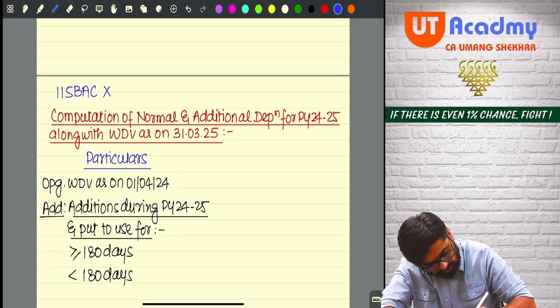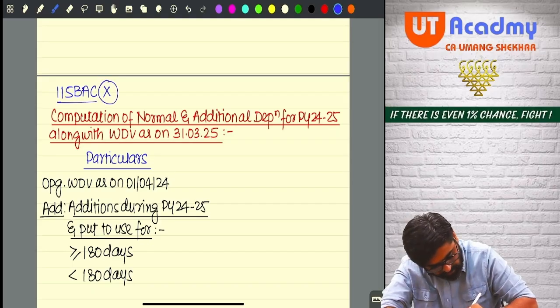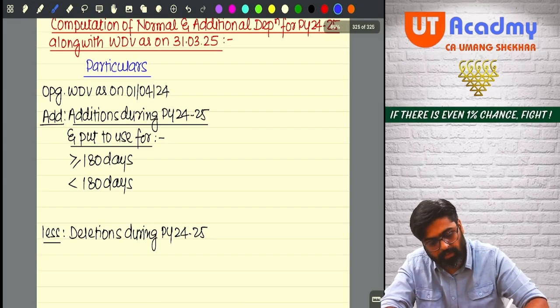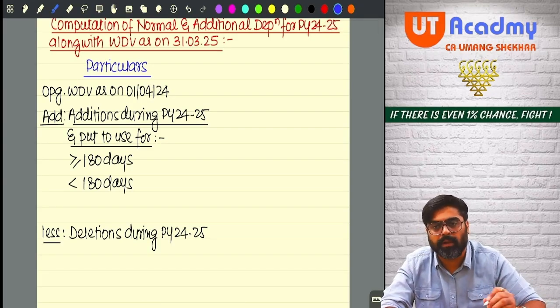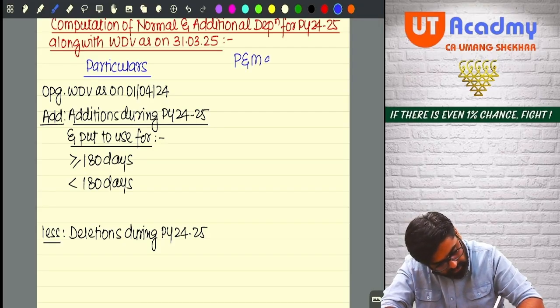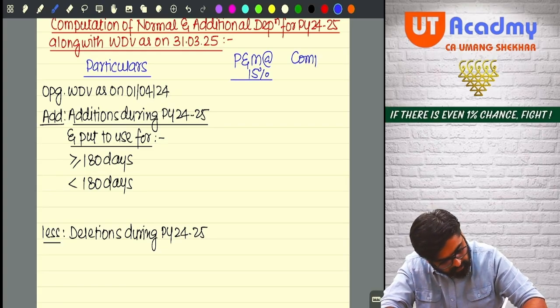We are assuming that he is not following 115BAC and we are making this calculation. Okay. Now, how many blocks? 2 blocks only, no? Plant and machinery and computer. So, plant and machinery at the rate of 15%, and computer at the rate of 40%.